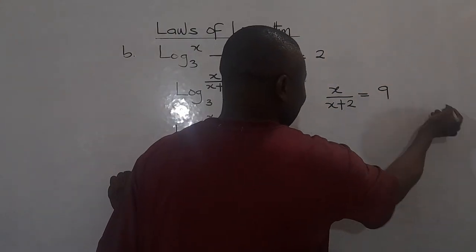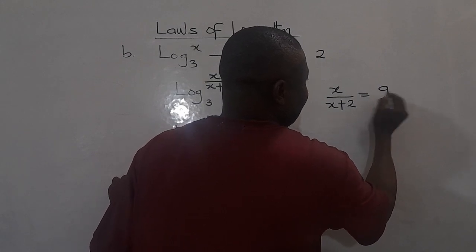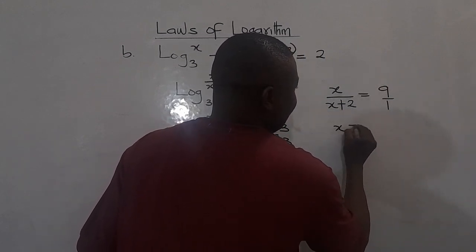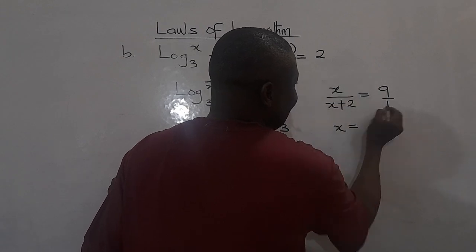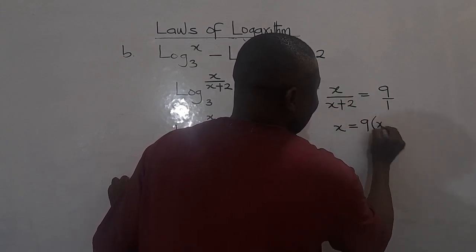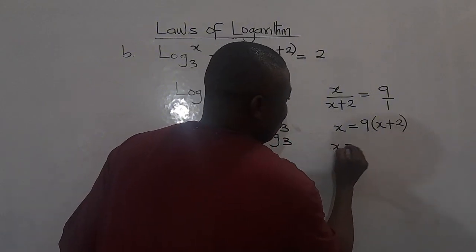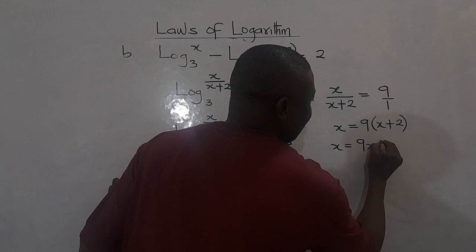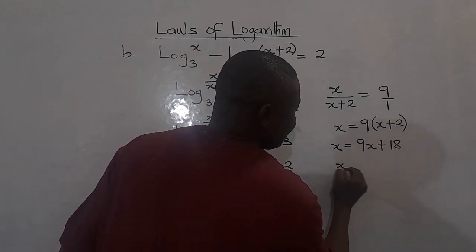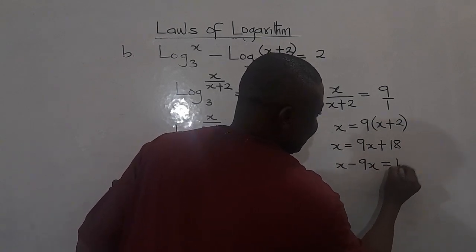We can clear fraction now. This will give us x equal to, that's x times 1 is x, and this is 9 bracket x plus 2. This gives us x equal to 9x plus 18. This gives us x minus 9x, when you collect like terms, equal to 18.